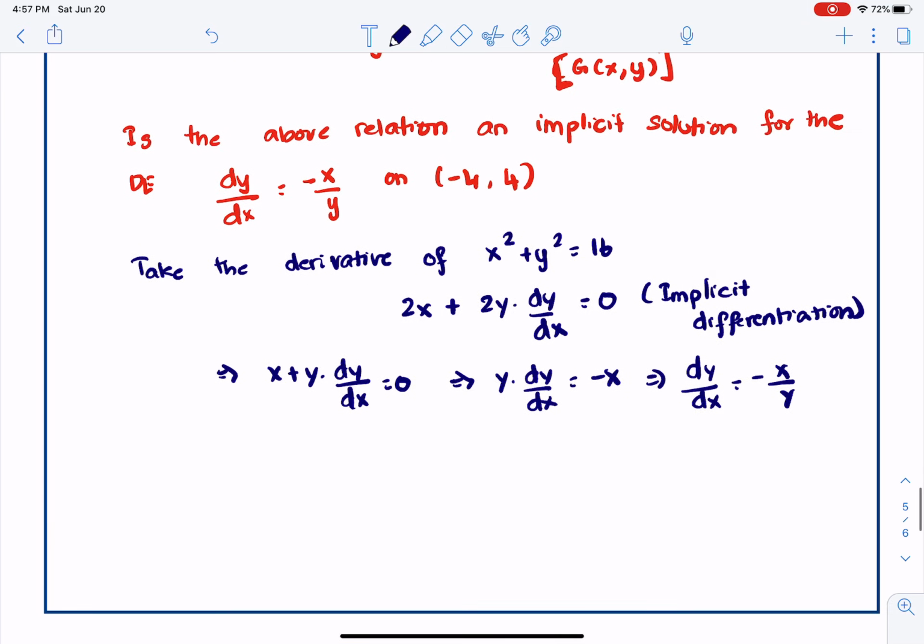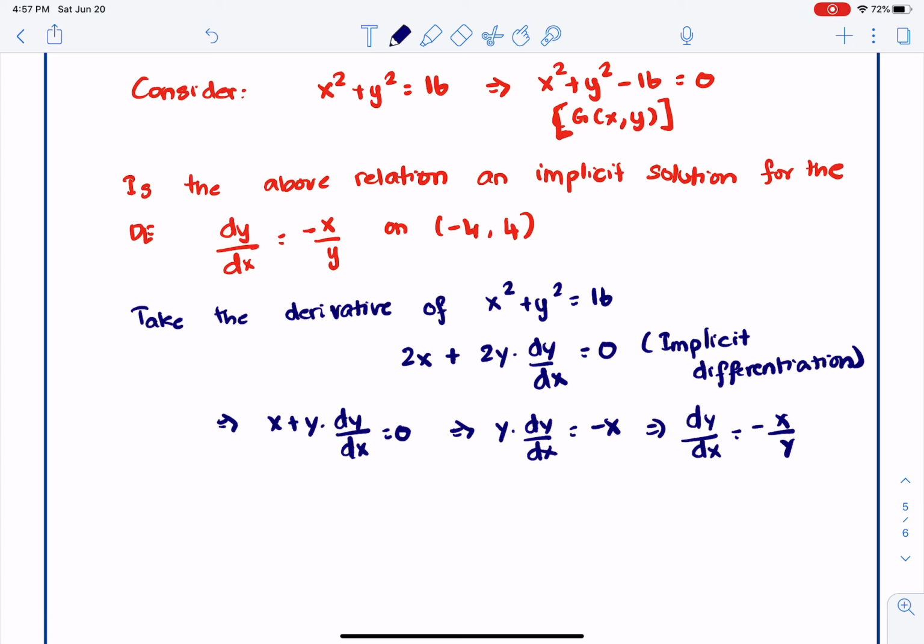And the simpler way to look at it is an implicit solution is a solution where we don't have the solution y depending only on the constants and the independent variable. So here we have a function of y, which is y squared, equal to 16 minus x squared. If we rewrite the solution, we have y squared is equal to 16 minus x squared.